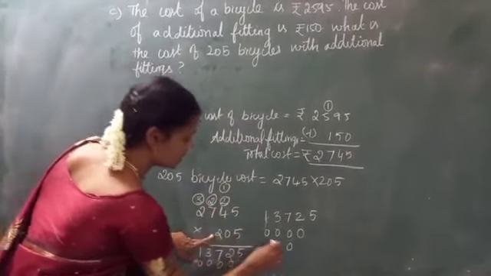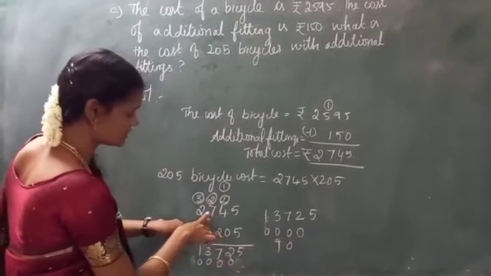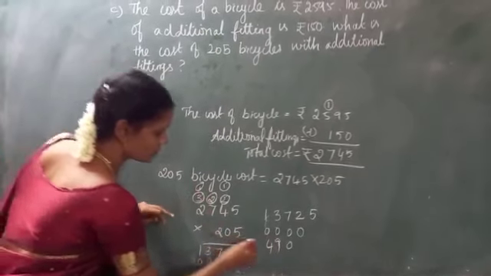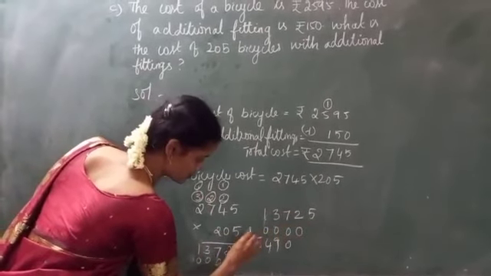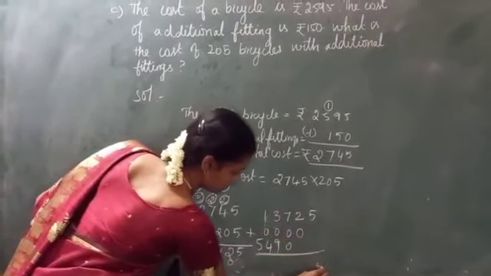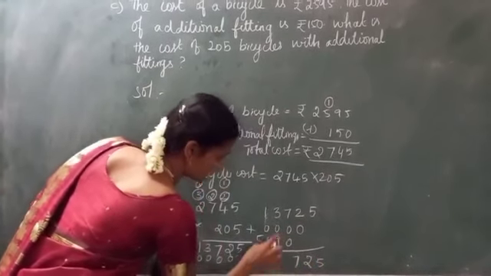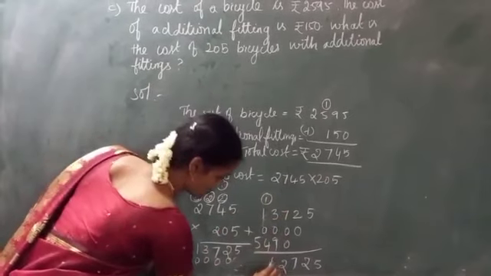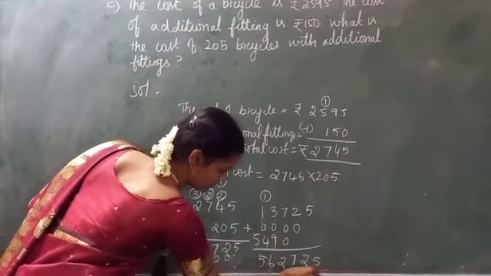2 4s are 8, 8 plus 1 is 9. 2 7s are 14. 2 2s are 4, 4 plus 1 is 5. Now the multiplication is finished. Addition: 5, 2, 7, then 2, 2, 1, 4 plus 1 is 5, 5 plus 1 is 6, then 5.